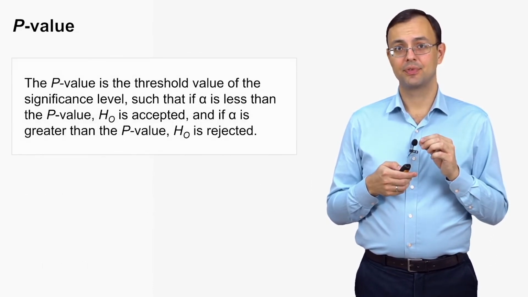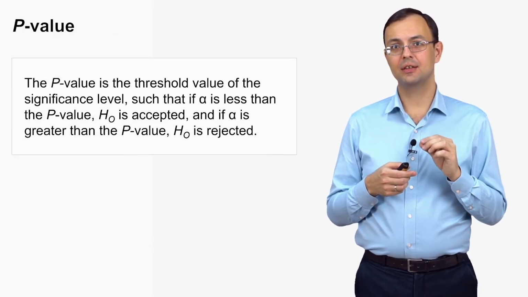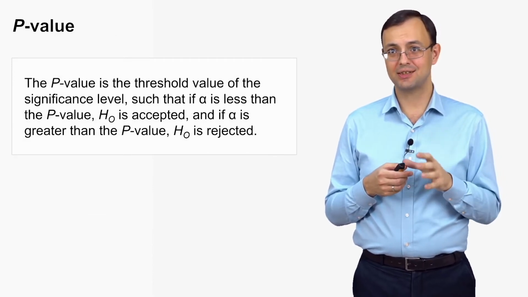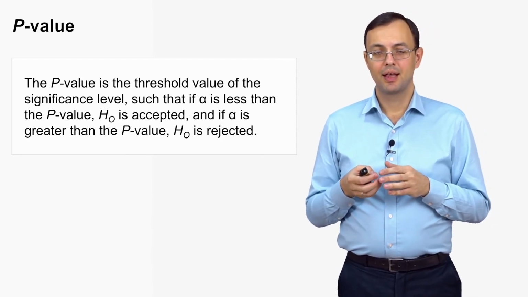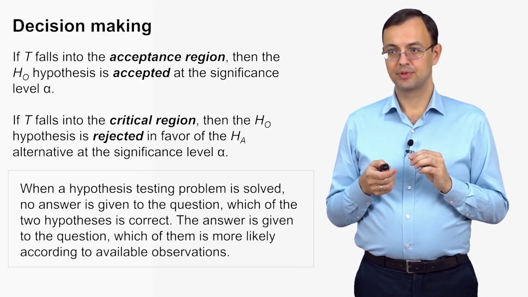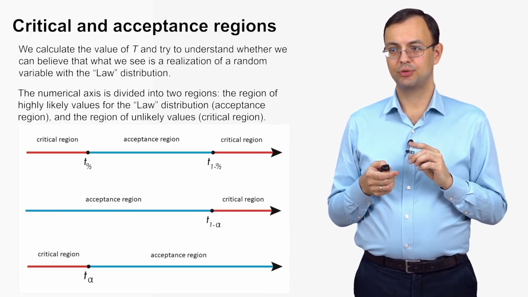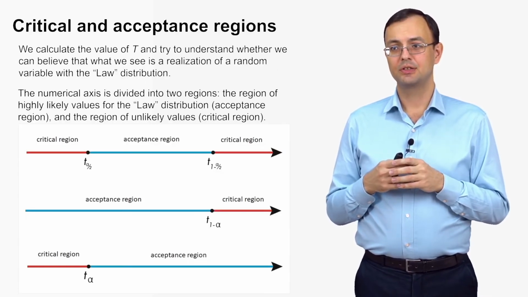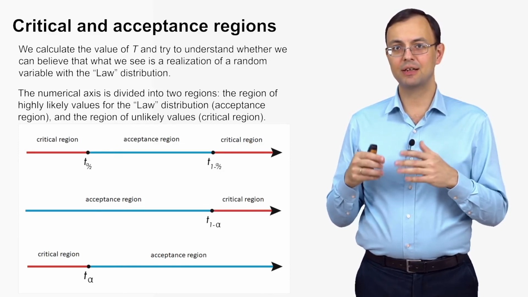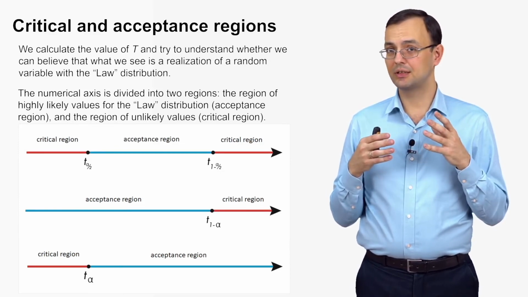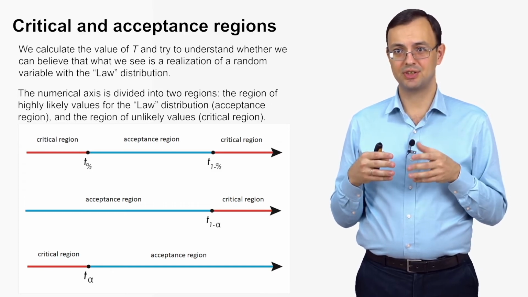And the last theoretical thing to be discussed is the p-value. So what is a p-value? Let me show you this picture one more time. You see that, for example, you have calculated the value of the t statistic.